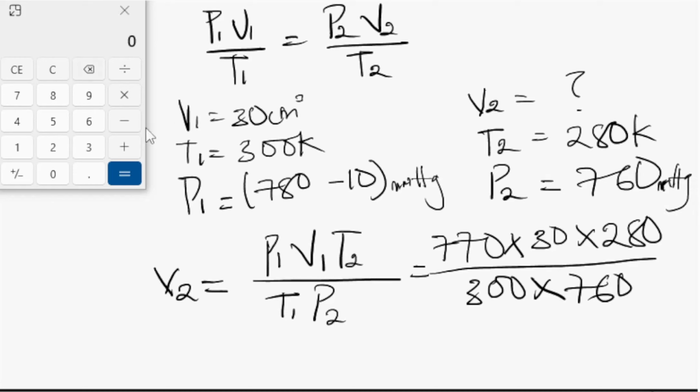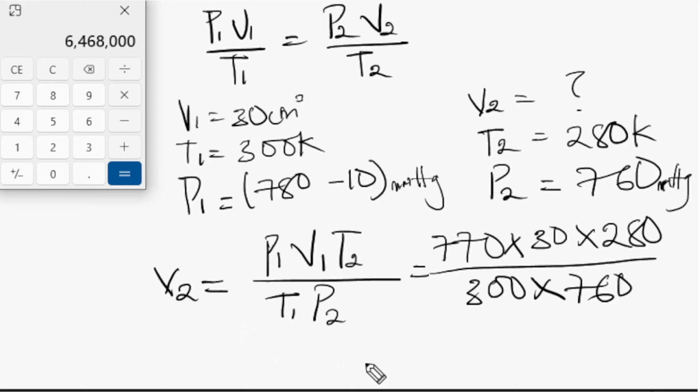So guys, with this outlined here, we can do 770 times 30 times 280.